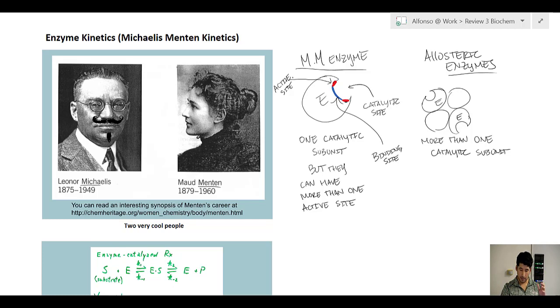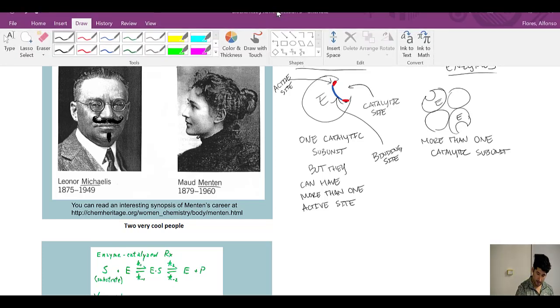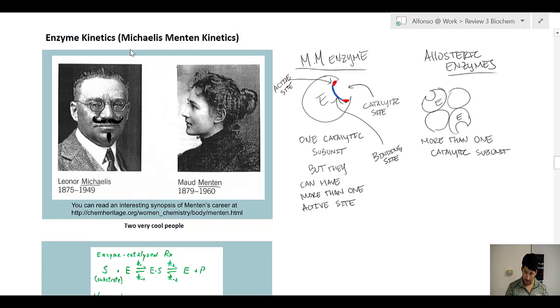So the whole catalytic site is composed of two things: the binding site and the active site. Never forget that. That's very important. So Michaelis-Menten enzymes, one catalytic subunit. Allosteric enzymes, more than one catalytic subunit. And the Michaelis-Menten enzymes, that's exam 2 material, whereas allosteric enzymes, that is exam 3.